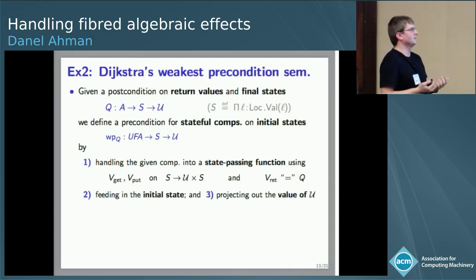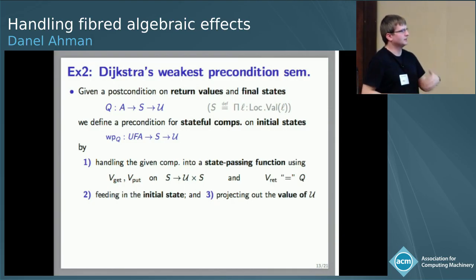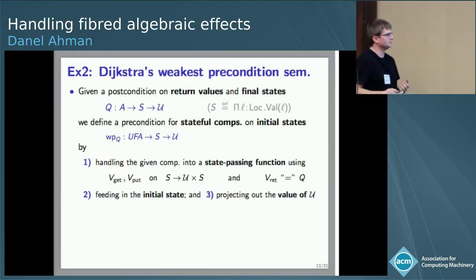And at the very high level, the idea is the following. We take the computation that we're given here. We handle it as a state passing function in the usual standard sense. We feed the initial state into the function, and then we project out the proposition. So it's a stateful predicate that takes your computation, does a bit of computation, and produces a proof obligation.